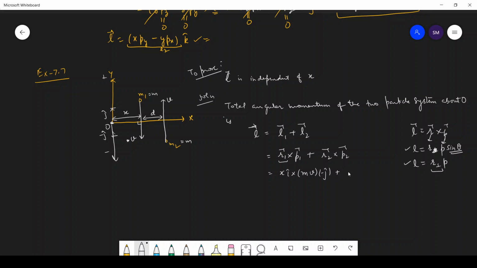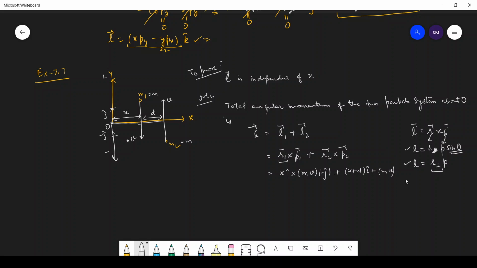I'm just putting the values. And what is r2? r2 is x plus d into i cap, plus m into v momentum.